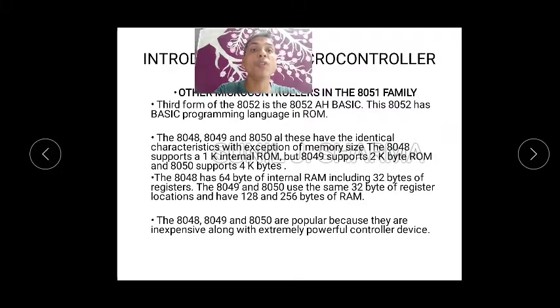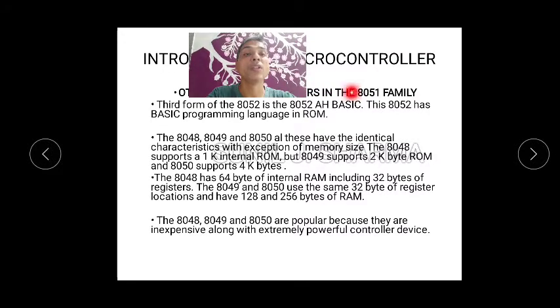Then other members of this microcontroller family are 8048, 49 and 50. All these have identical characteristics with the exception of memory size. The 8048 supports 1K internal ROM, 8049 supports 2K bytes of ROM, and 8050 supports 4K bytes.